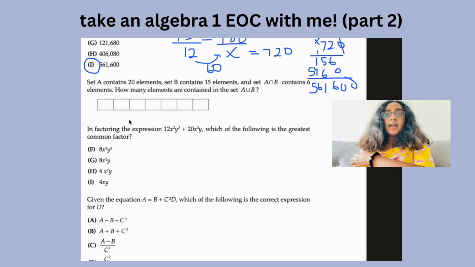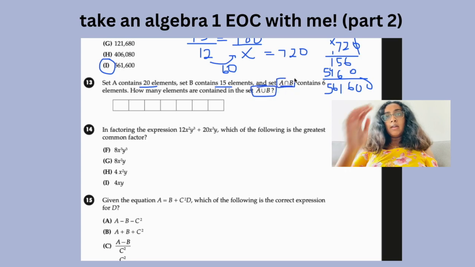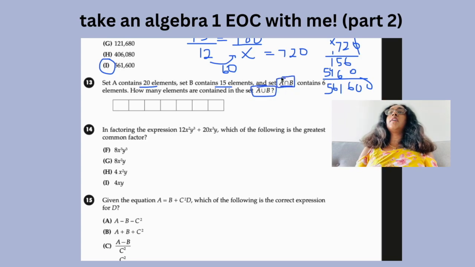Next is: set A contains 20 elements, set B contains 15 elements, and set A intersection B contains 6 elements. How many elements are contained in the set A or B? If set A contains 20 elements and set B contains 15, then if we're talking about A or B, we need to subtract everything in A and B. Otherwise, what's in both would be counted twice.